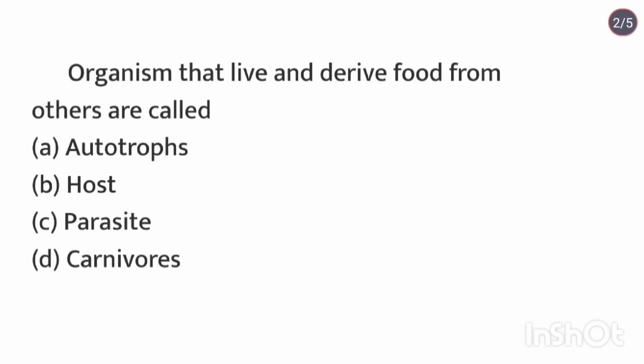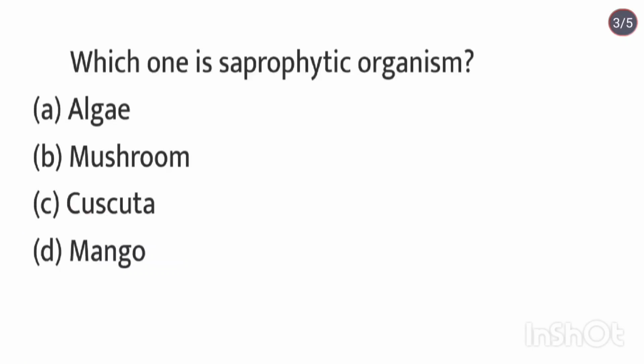Organisms that live and derive food from others are called parasite. The organism live on or inside the body of other organisms and derive their food from them. Which one is saprophytic organism?